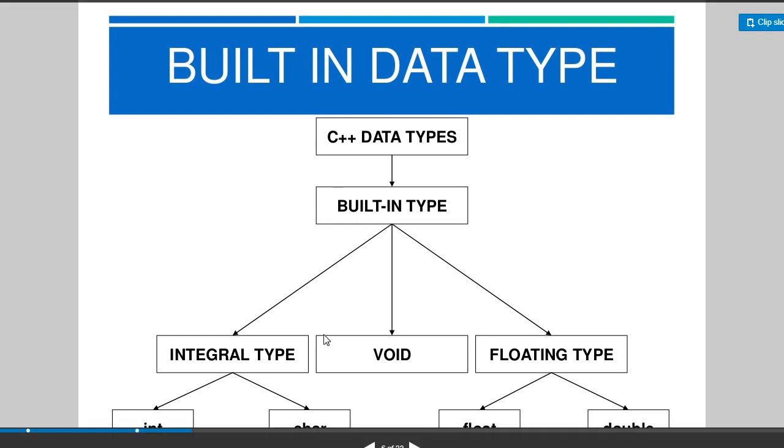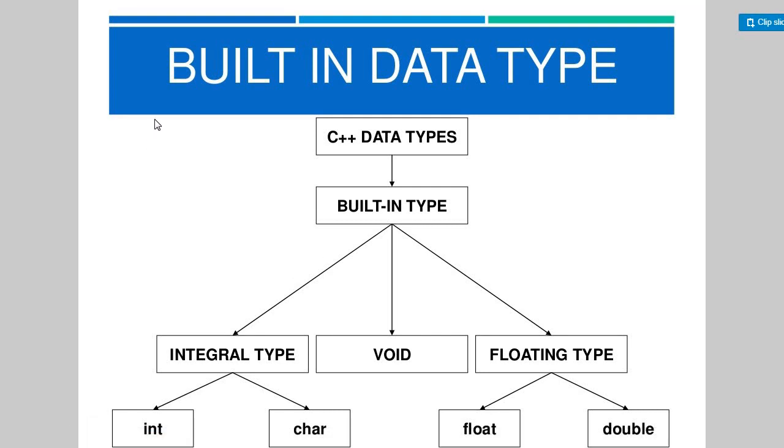So basically there are five fundamental types: integer, character, void, float, and double.